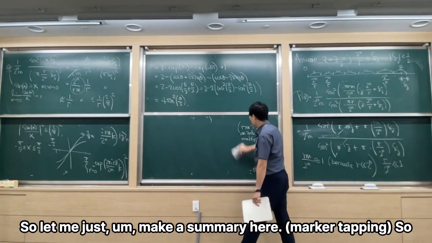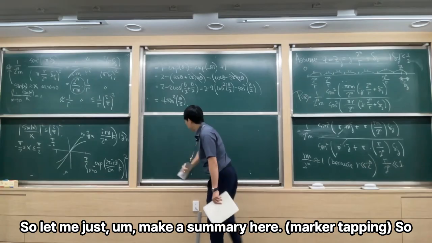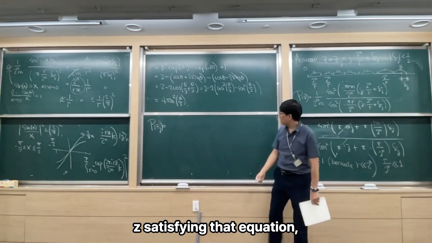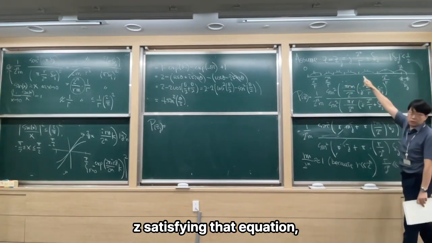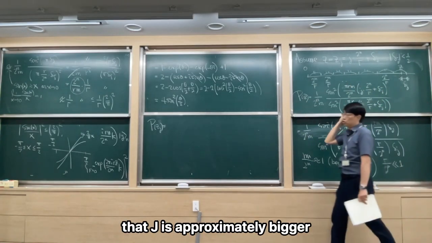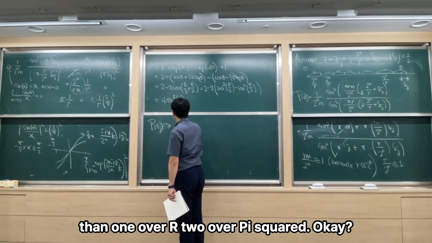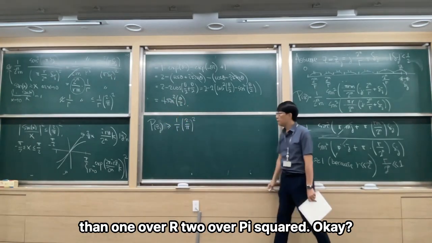So let me just make a summary here. What we did is finding z satisfying that equation, which we call that the probability for j is approximately bigger than 1 over r times 2 over pi squared. Okay?